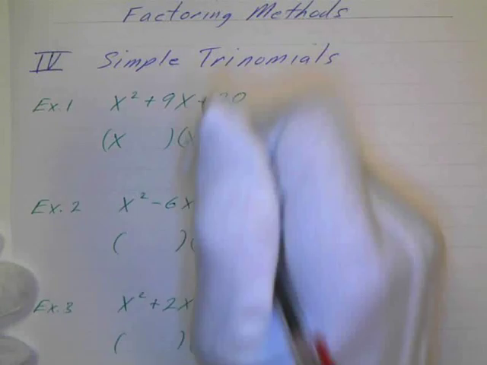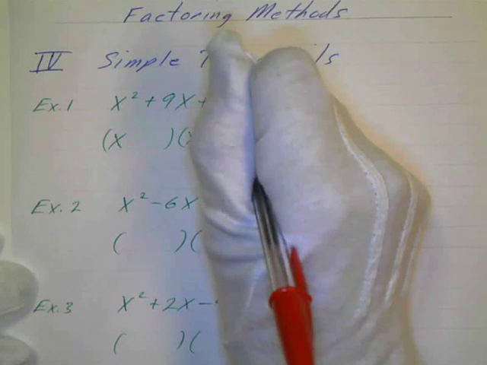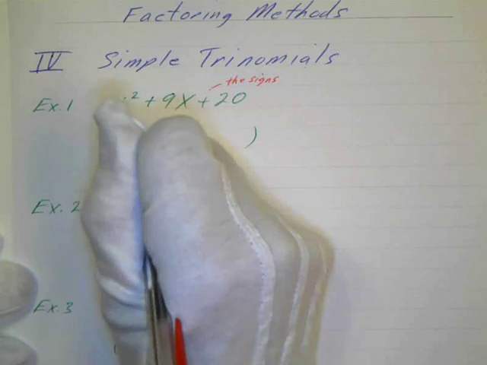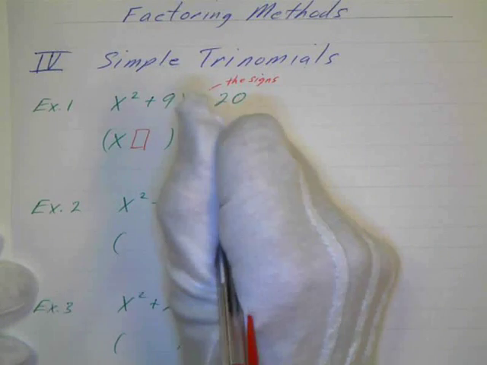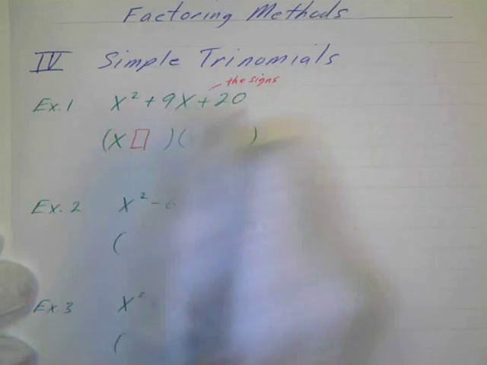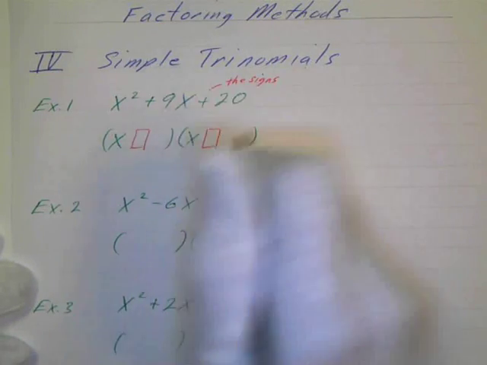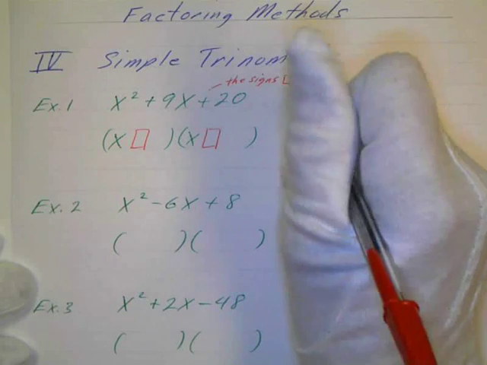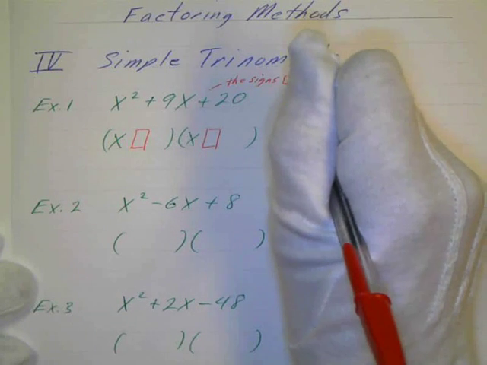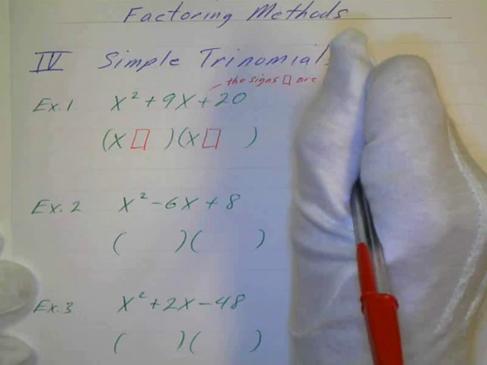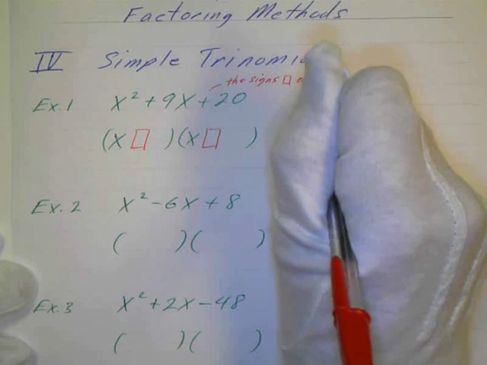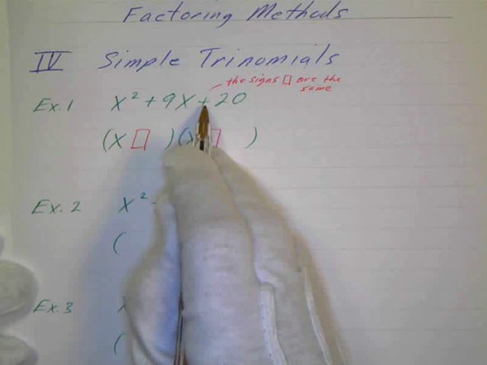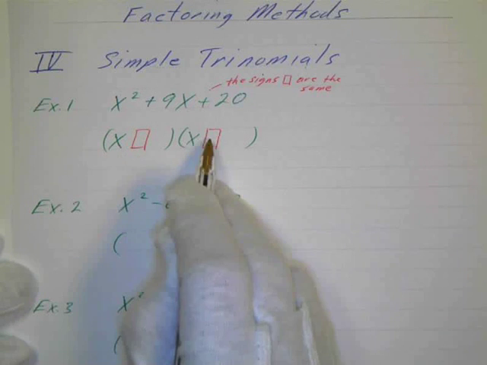So this tells me the signs, and that's these signs here. Not these signs, but these signs. If this is positive, this tells me that these signs are going to be the same. In other words, if this is positive, the only way I can get a positive number is if this number and this number have the same sign.